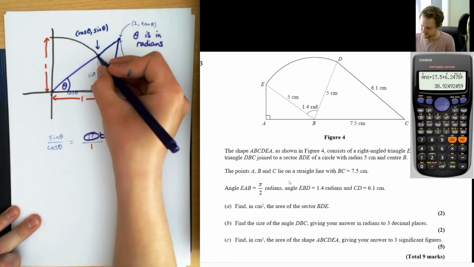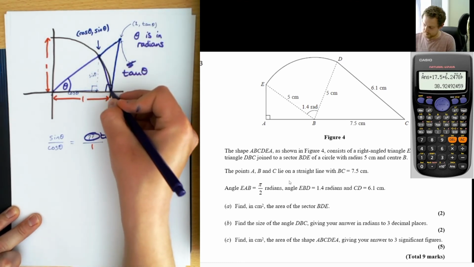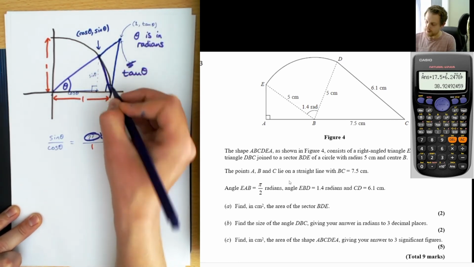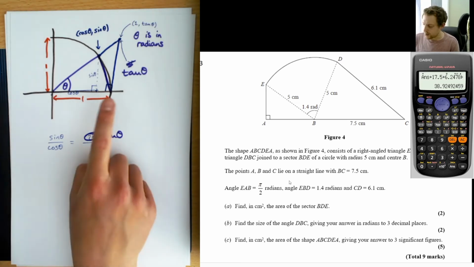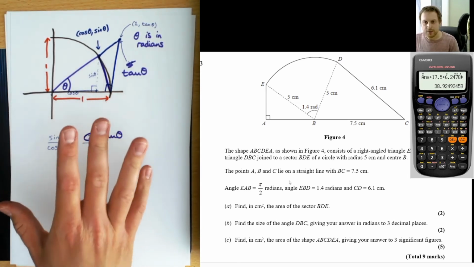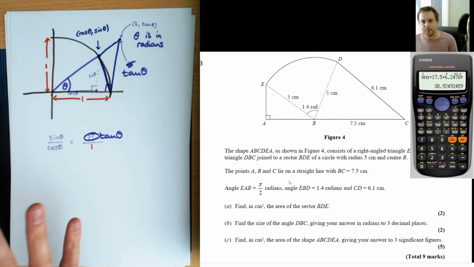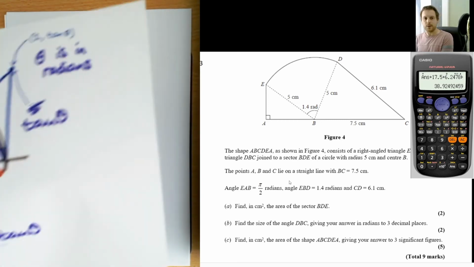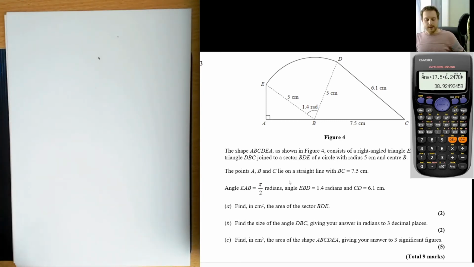I might have to draw this picture again, to be fair, because there's a lot on it. So I'm going to draw the picture again where I can be a little clearer.